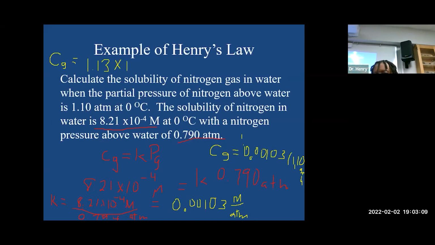Actually, I get 1.14 because if I've done it right, 1.137 would be the next number, and you round up. So 1.14 times 10 to the negative 3 molar.